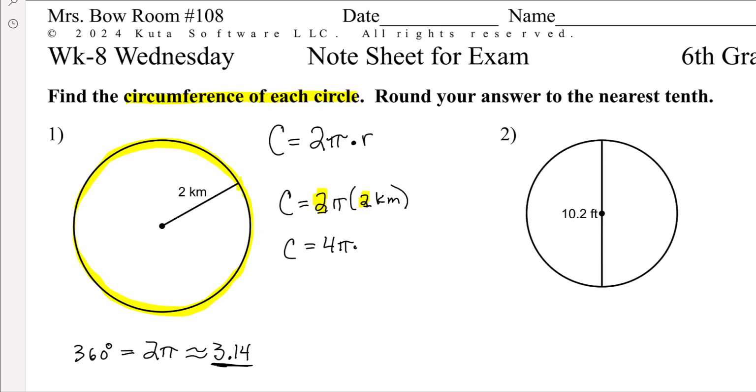If you wanted to know about how much that was, you could just do 4 times 3.14, so that would be about 12.56 kilometers. Roughly.